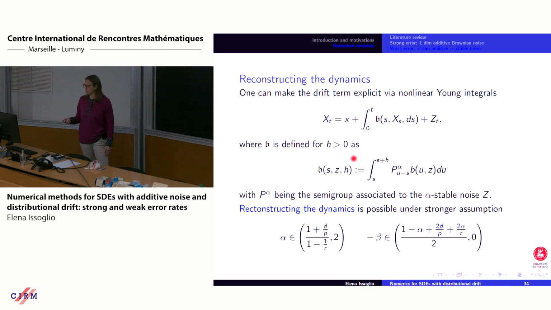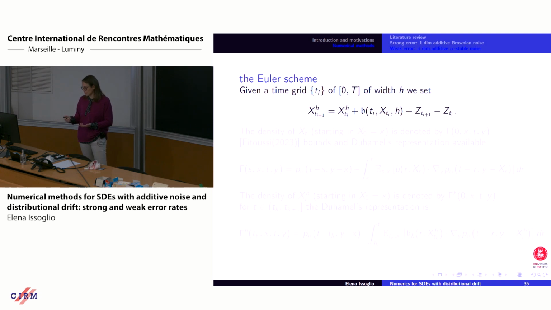And that's what they did in the paper. They defined this object here, which is essentially a semigroup applied to B. And then what we did was just say, okay, this B then is our numerical approximation of our drift. So we plug this B here, and this is the Euler scheme.